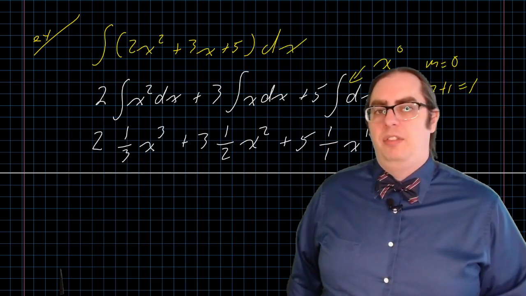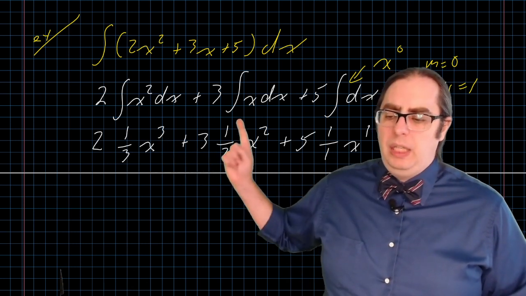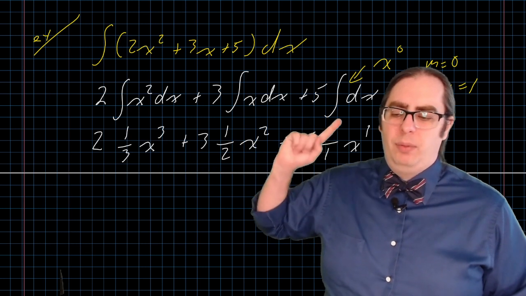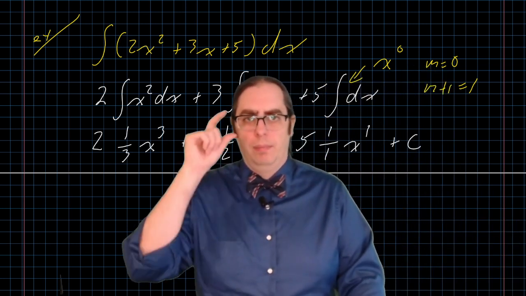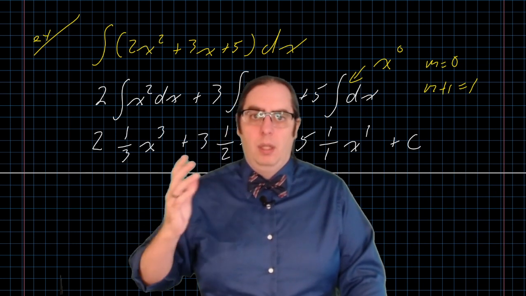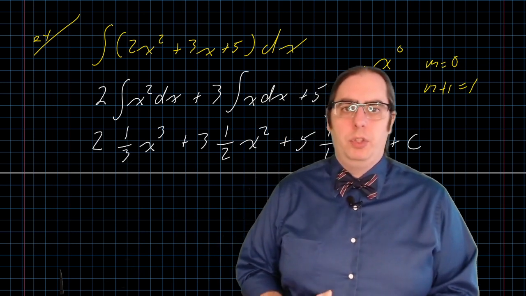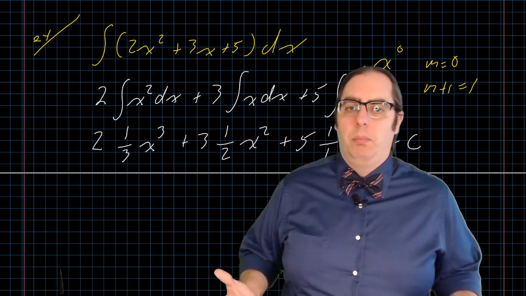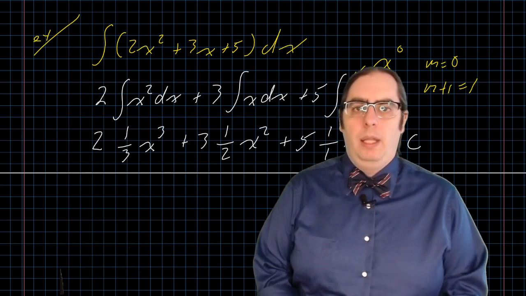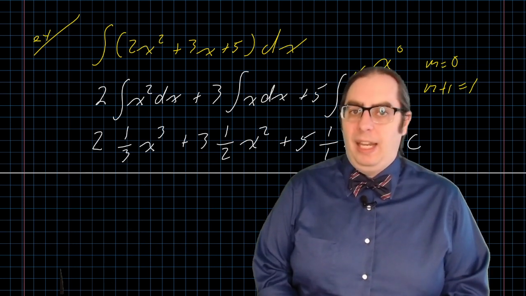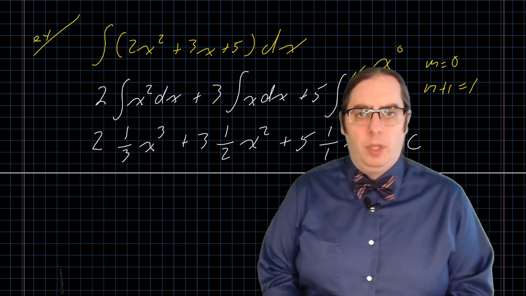Before I get to the last step, cleaning this up, I just did 3 integrals, and I only wrote down 1 arbitrary constant of integration. A lot of students get hung up here and think, well, there should be 2 or 3 or more arbitrary constants. It's a matter of clarity and convenience, and also a little bit of laziness, that we only include 1.